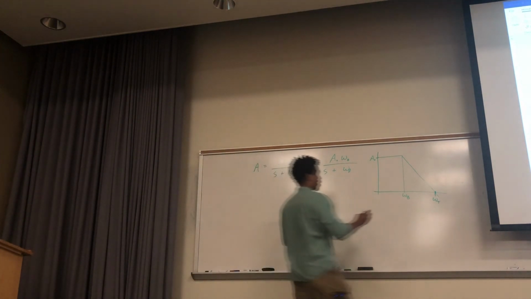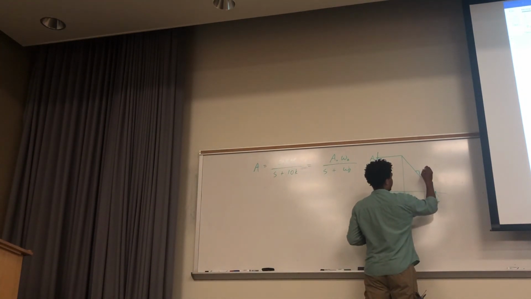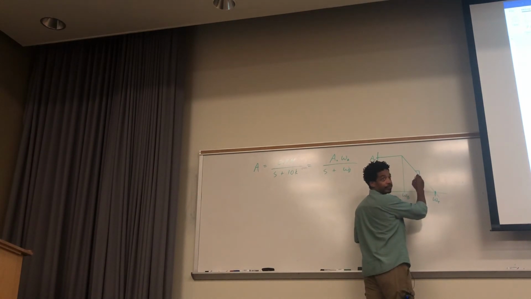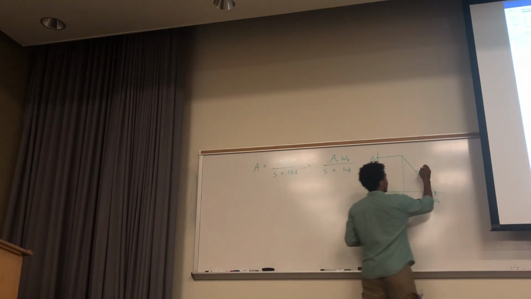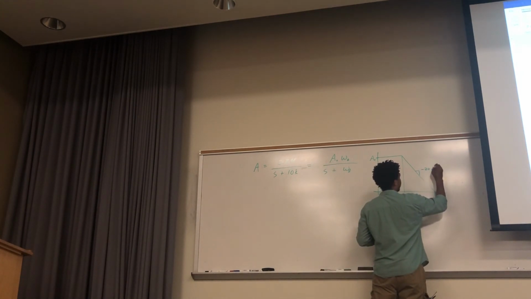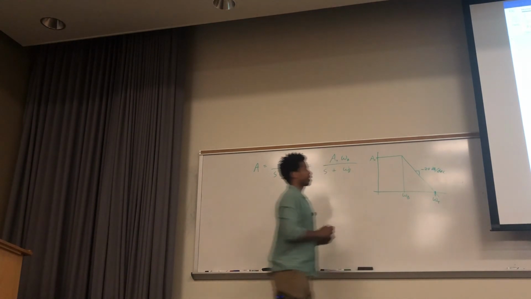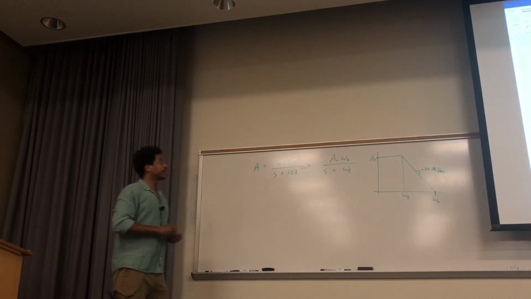The slope, you already know what's the slope? What's the slope of that? Yep, negative 20 decibels per decade, because it's first order slope.